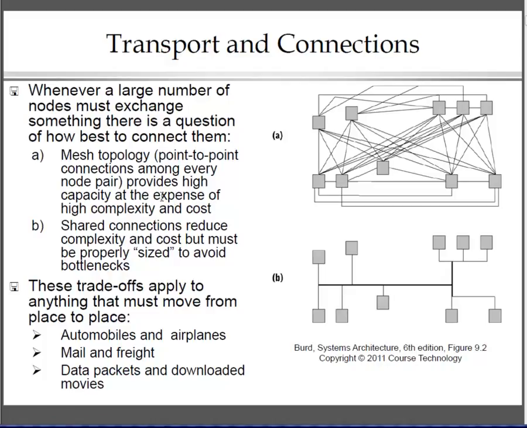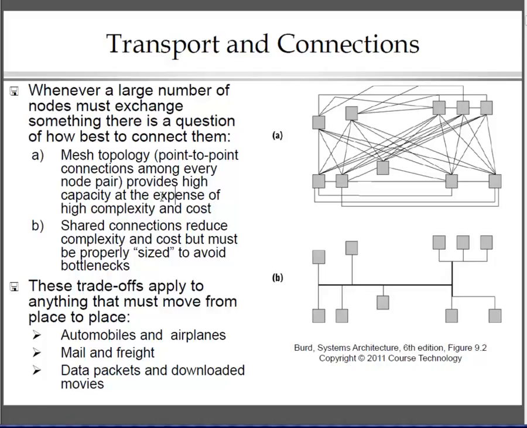So for example, if you think of 30 computers and 30 offices in a typical floor of an office building, we don't really need connections between every single desktop and every other desktop because, frankly, there isn't a lot of traffic that goes from one desktop to another. There's probably a lot of traffic that goes from each desktop to a centralized server.